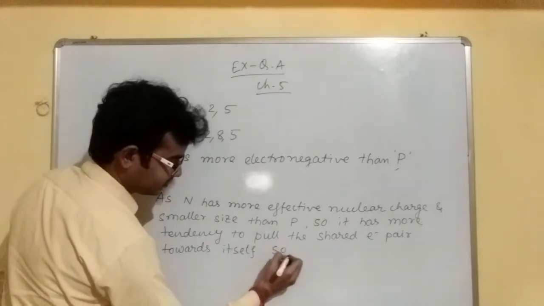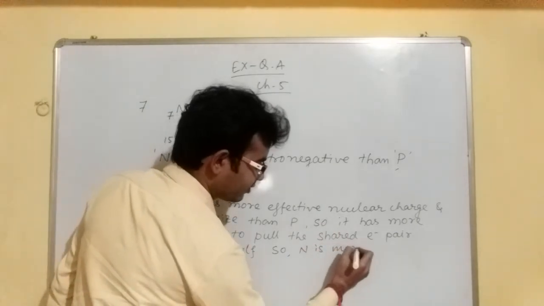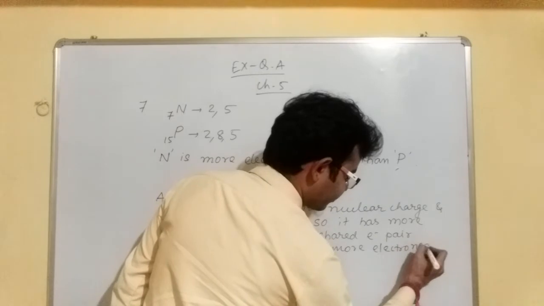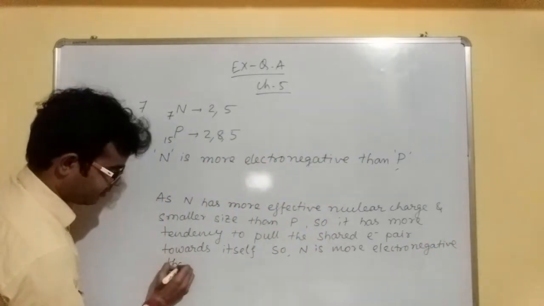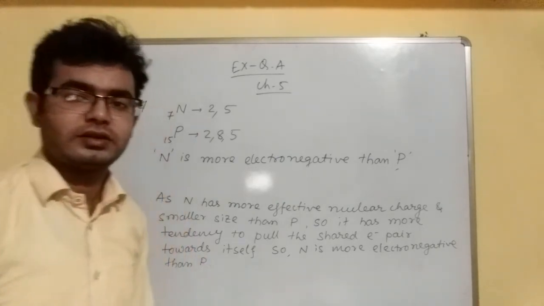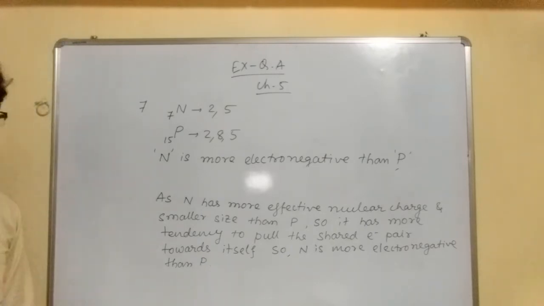So nitrogen is more electronegative than phosphorus. Okay, more electronegative than phosphorus. This one is the answer. Now you can pause the video and write the answer.